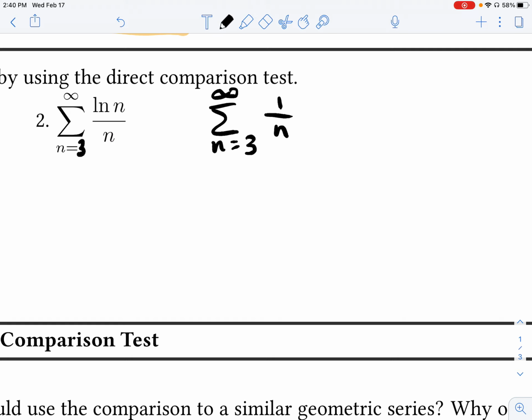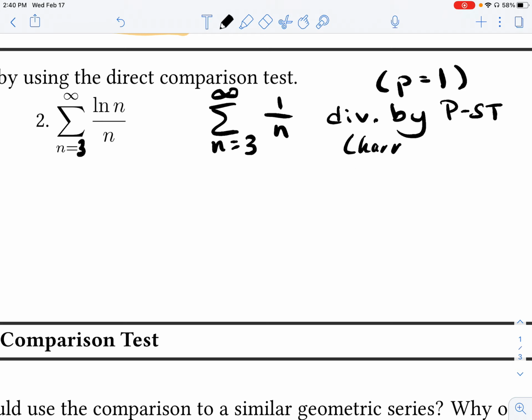We know that it diverges by either the p-series test, in which case you would have to write that p is equal to 1, or honestly, you could also just say it's divergent because it's a harmonic series. It's accepted that the harmonic series at this point is a divergent series, so you don't have to necessarily use a series test for that. Again, we know that this is a smaller series, so our series that we're trying to determine its convergence for is the quote unquote larger series.